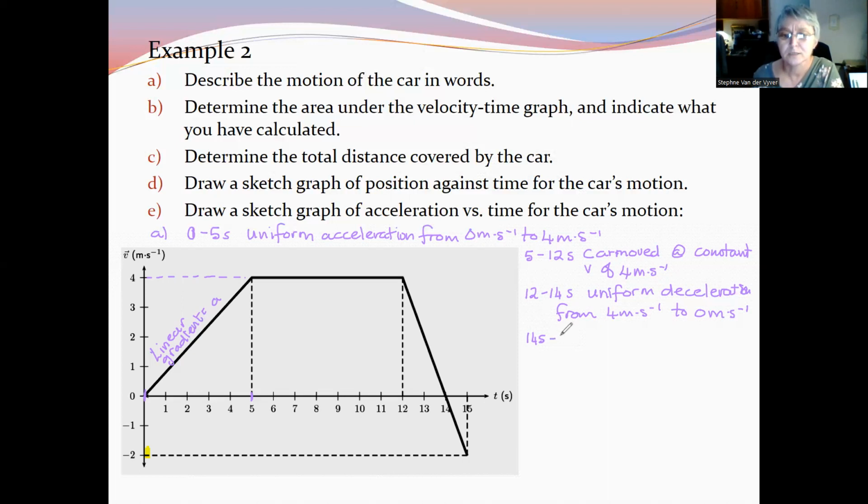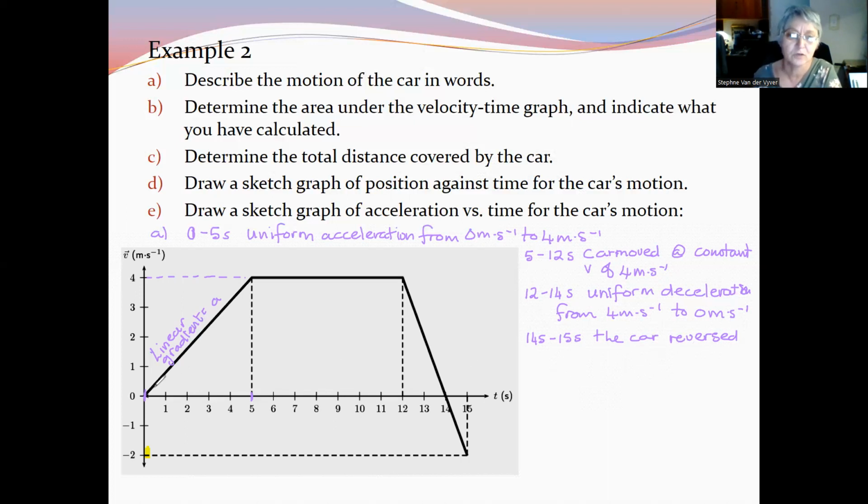So from 14 to 15 seconds, the car reversed. Or it turned around and now it's going backwards. It's going in a negative direction of motion.